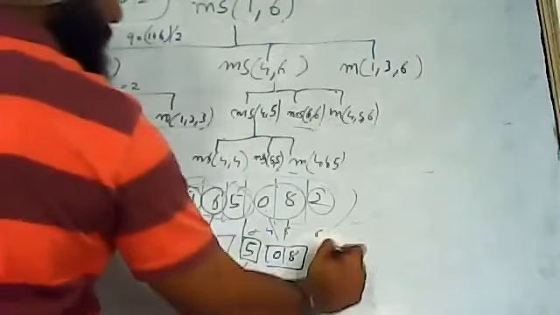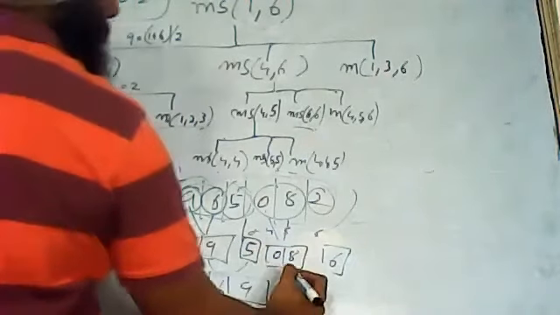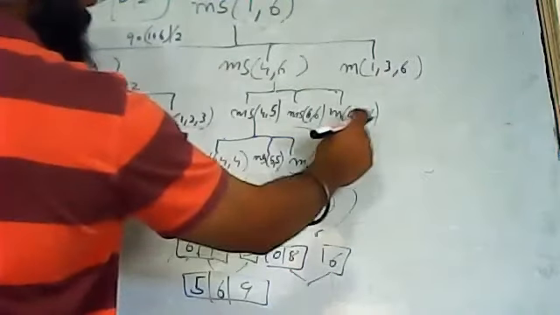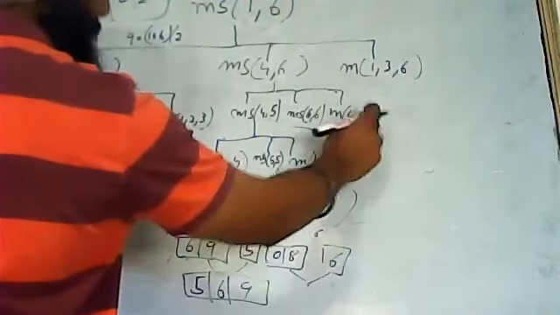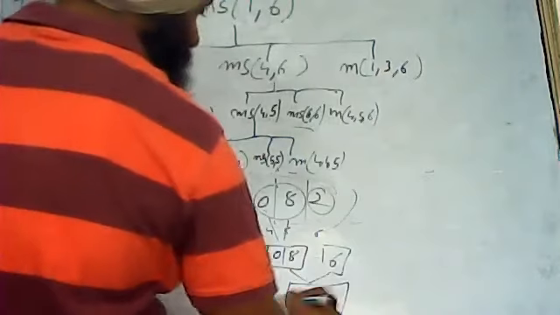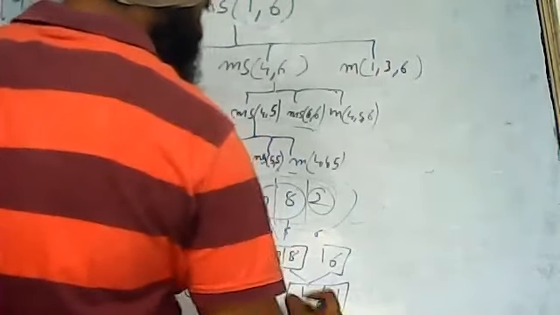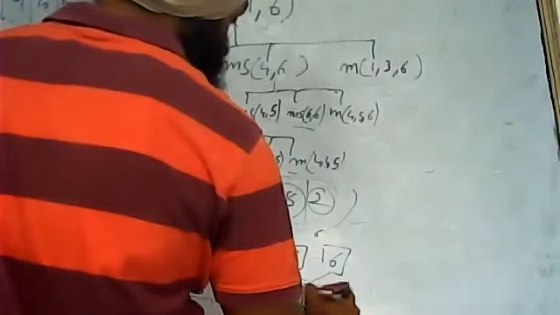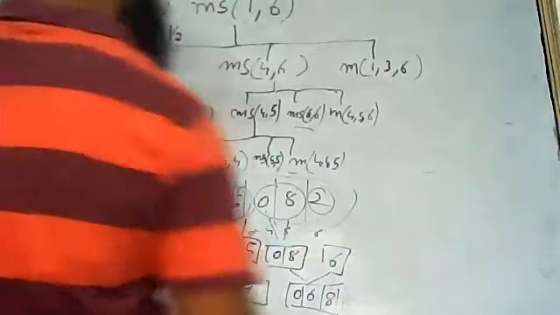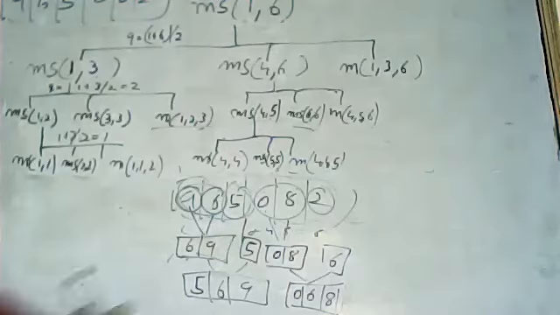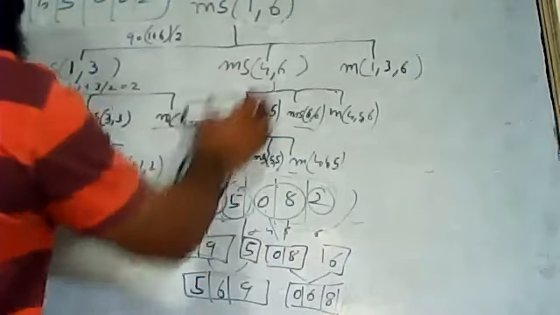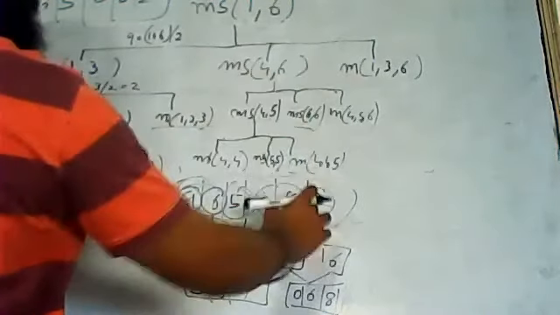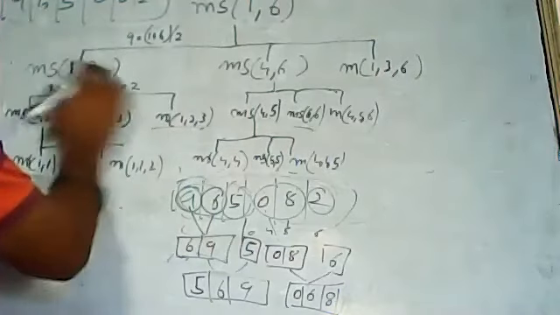Now we will check it with the third element, that is 6, and the merge procedure from 4 to 5 and 6 to 6 will be called, and elements will be sorted here. At the bottom we can write 0, 6 and 8 by applying the merge procedure that we have just done. Now we have solved the problem from 4 to 6, and the whole problem from 1 to 3.